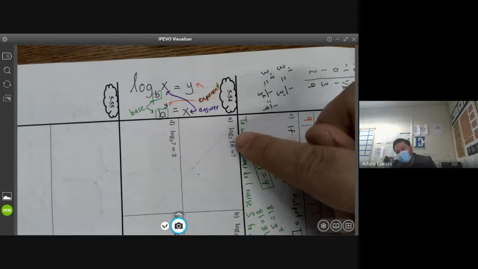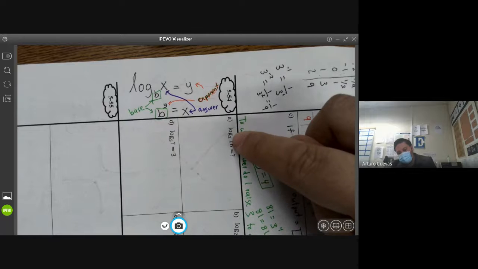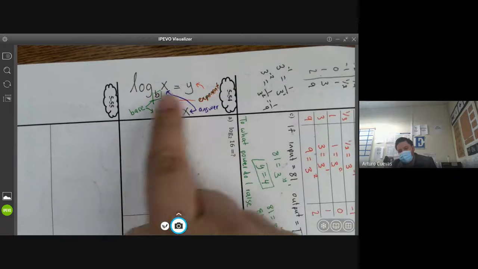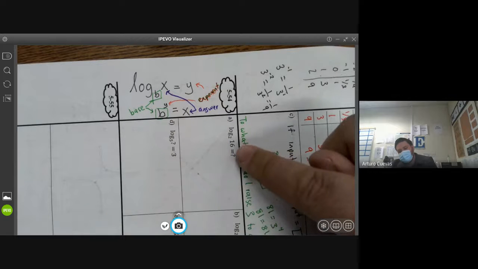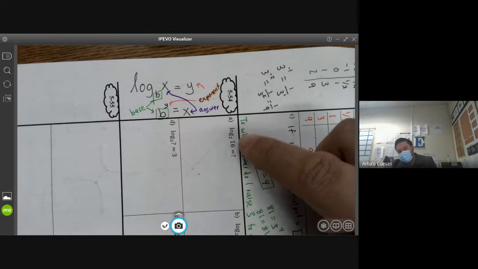For letter A, what is the base? 2. What is the exponent? The exponent is the number after the equal sign. What's the number after the equal sign? We don't know, right? And then what is the answer? 16.